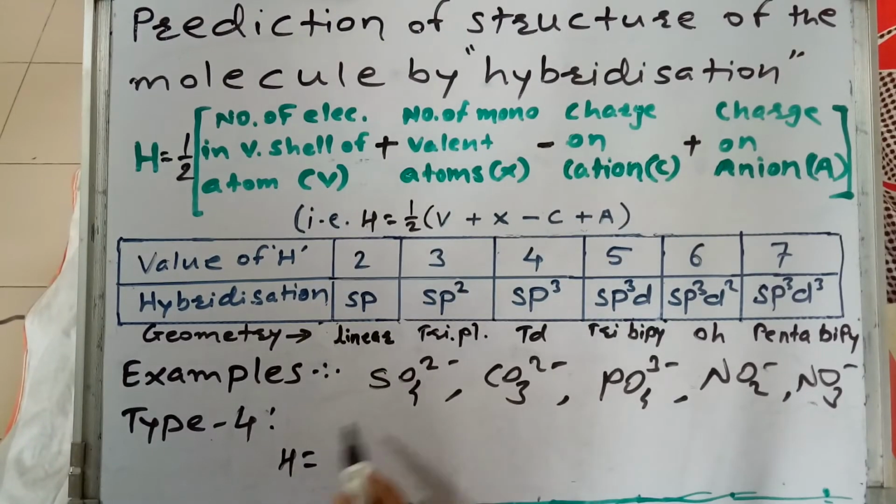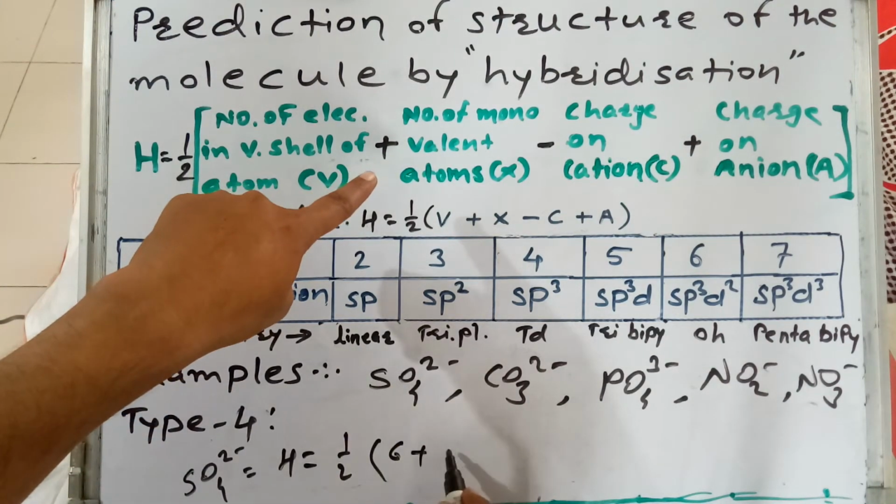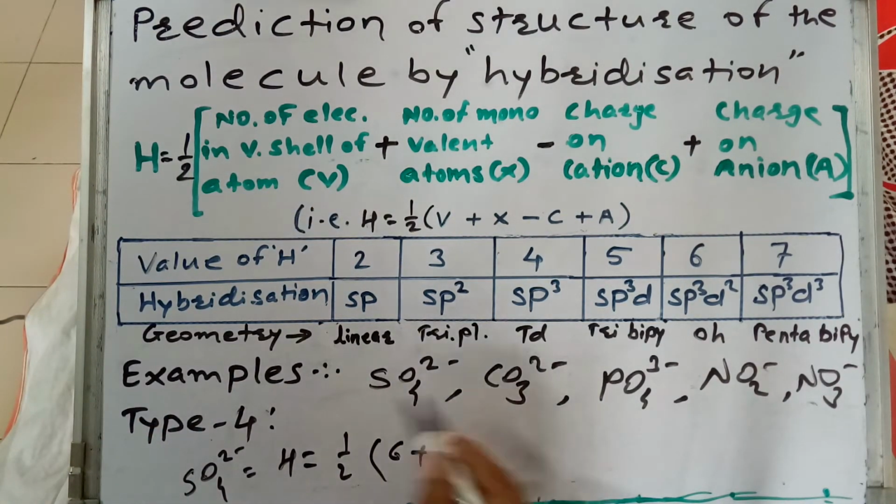So we'll see one of the examples, the first example, that is SO4 2 minus, and for this H is equal to half. The central atom is sulfur having valence electron 6. The monovalent atom is here 0. There are no cations, but there is an anion. Anion carries 2 minus charge, so we'll write here 2.